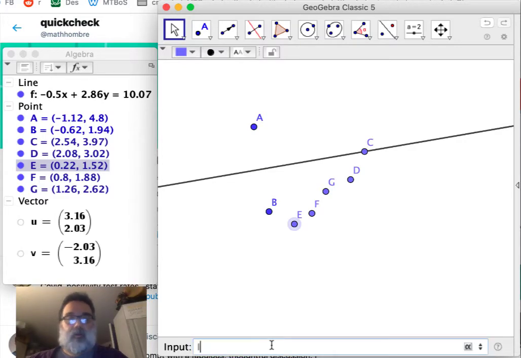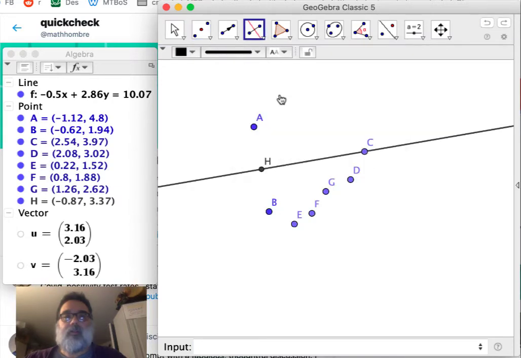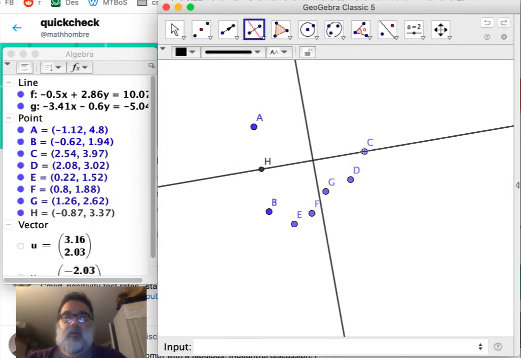So I'm going to intersect the segment from A to B with that line. Usually the first line is named F. Get the perpendicular bisector, which I think I was already on. And I'll reflect these points or lines and then translate them.